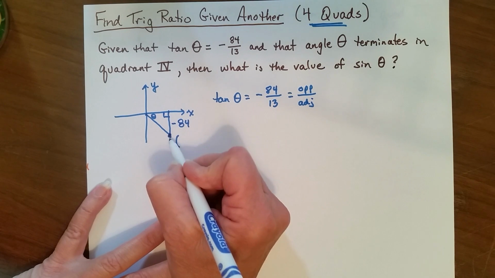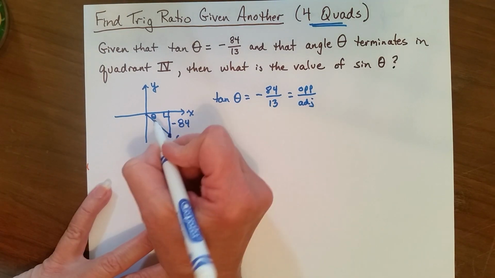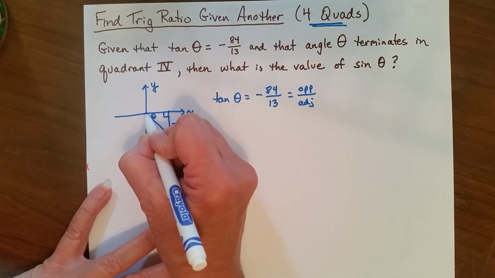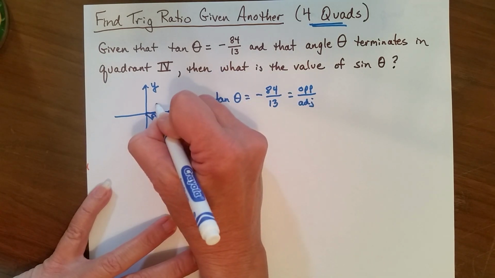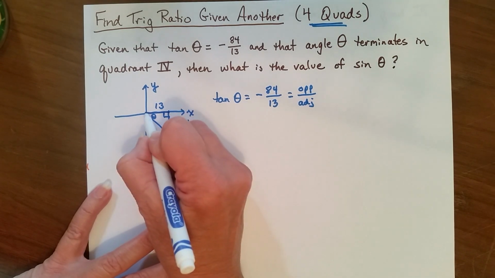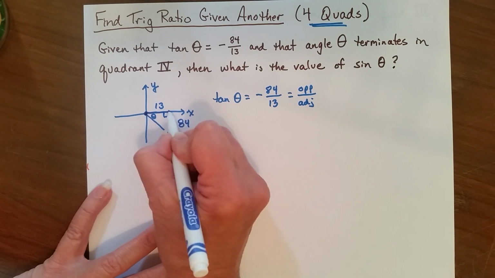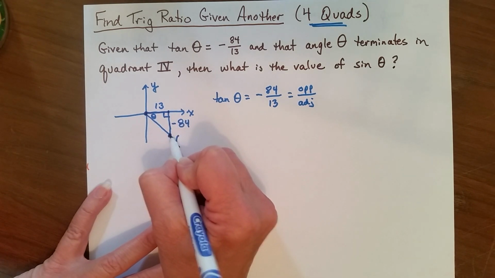Think about if you were to name a point. This would be negative 84. The adjacent to theta right here is a positive 13. So that's where the negative comes into play. If I start at the origin and I go down to this point, I'm going positive, negative.